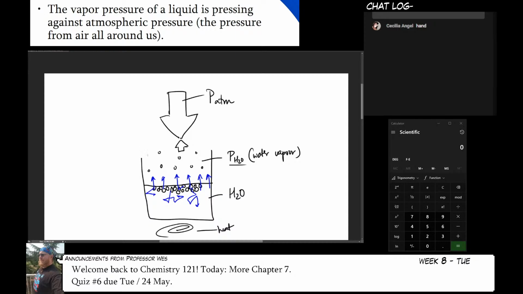As I heat this up, the amount of water vapor increases. And if I can heat the water until the pressure of the water vapor is equal to that of the atmosphere, then the result is that we observe boiling. So boiling occurs when a liquid has enough vapor pressure to equal the atmospheric pressure.